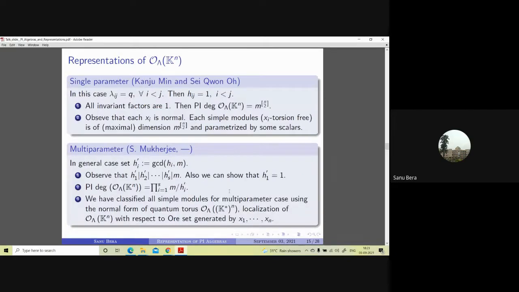So now we come to the representation theory point of view. We want to find the representations of quantum affine space. The single parameter case is the case where lambda ij is q, only q, where i is less than j, and q is a primitive mth root of unity, as we have assumed, and then hij will be -1 for i greater than j.